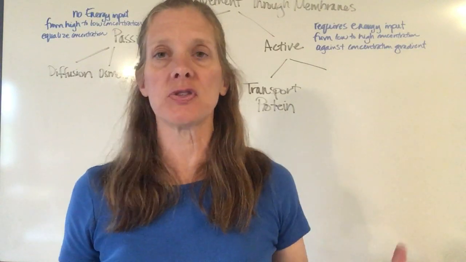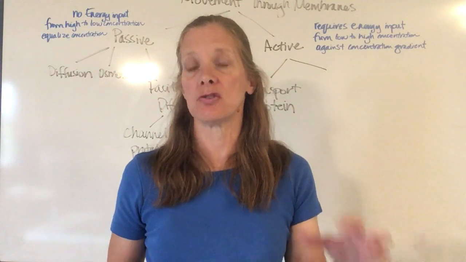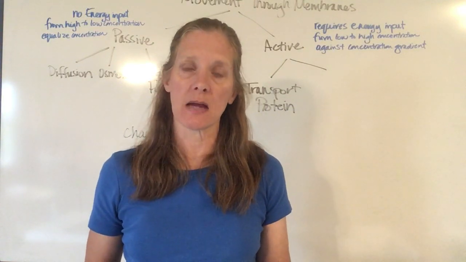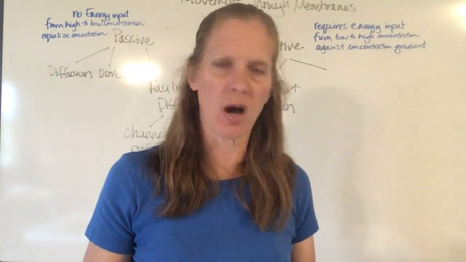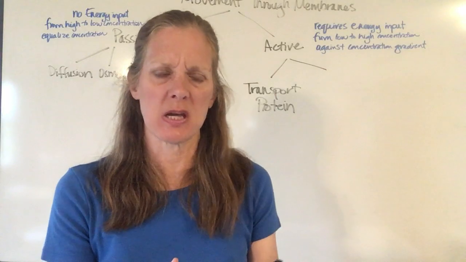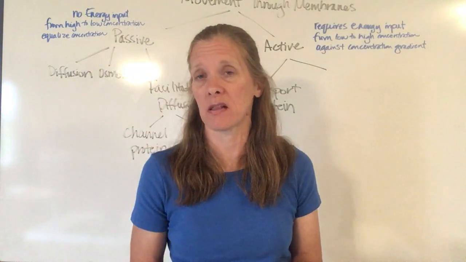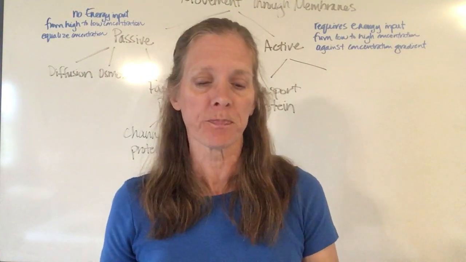The only difference is that for those particular types of proteins, energy is required to make them work. The diagram in your book where she shows you ATP and ADP, we haven't talked about any of those things yet, so that part of the diagram may not make a lot of sense to you. We're going to actually hit that kind of stuff in the next module.